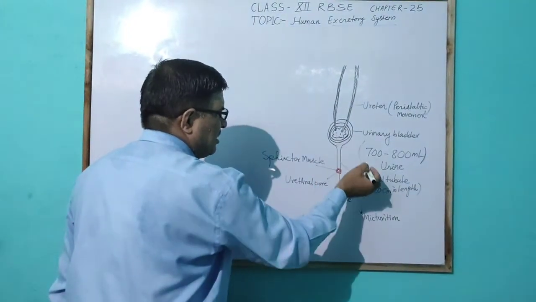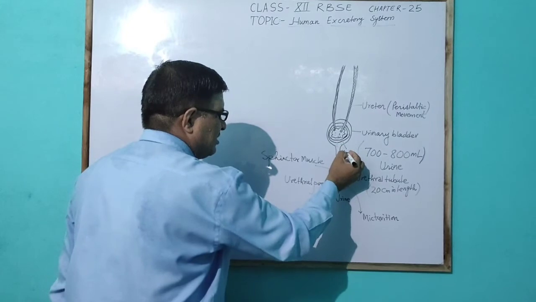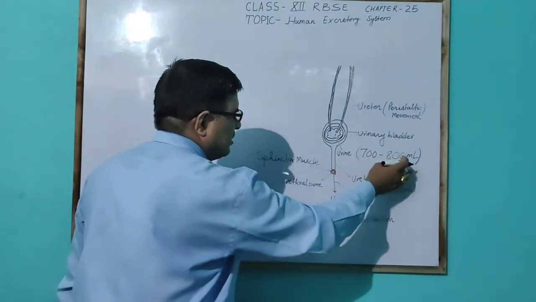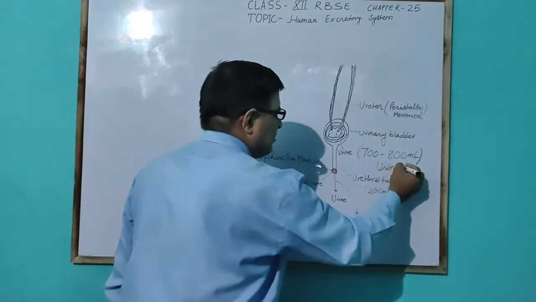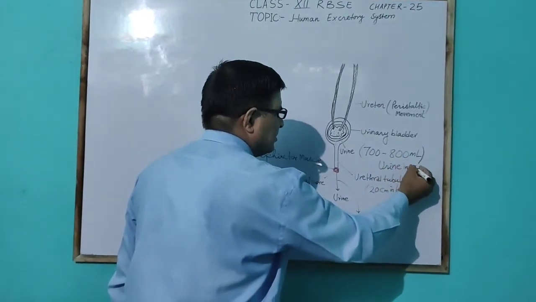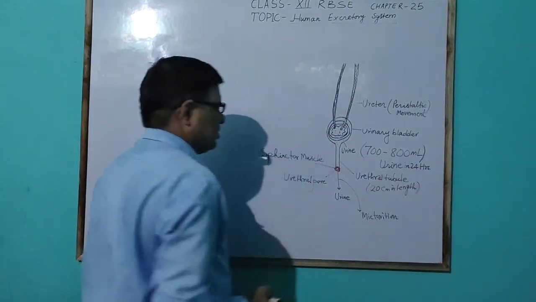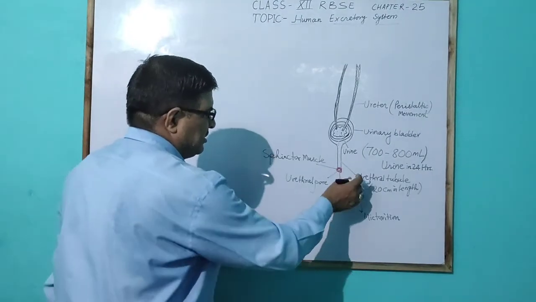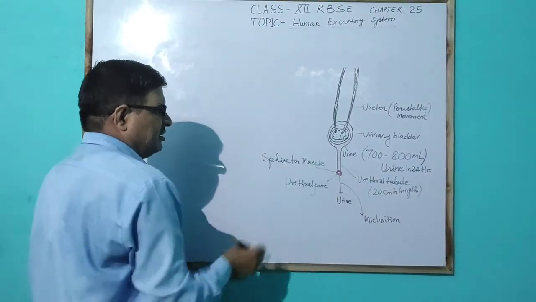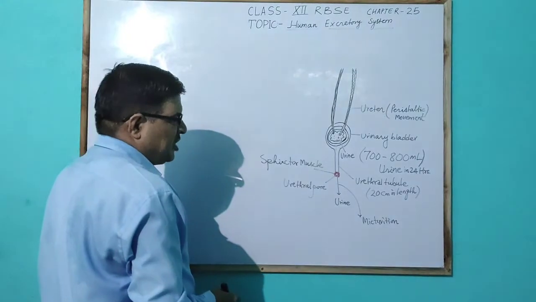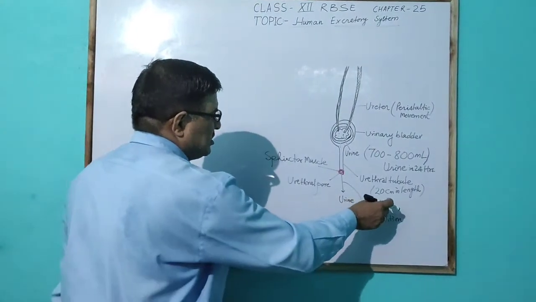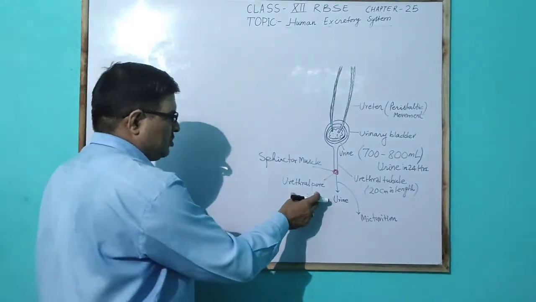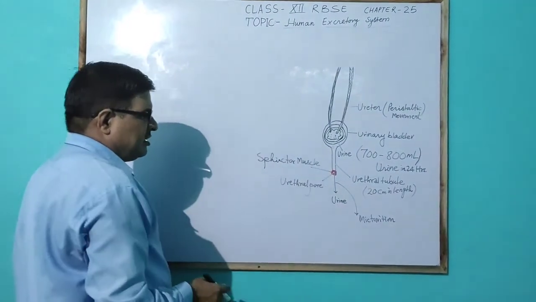The urinary bladder is where urine is collected, and this amount is about 700 to 800 ml in 24 hours. The urinary bladder connects with the urethra, which is a long structure inside the penis in the male, with a total length of 20 cm, and which opens outside by the urethral pore.